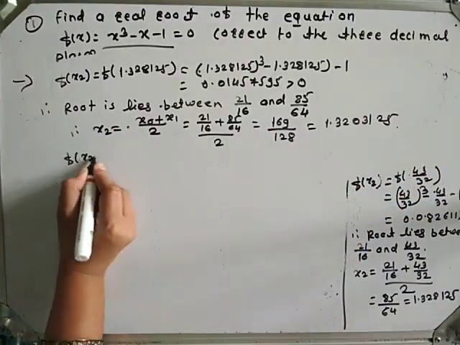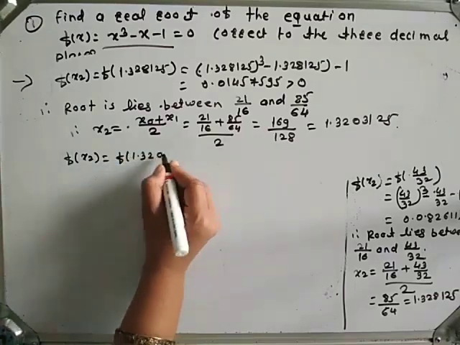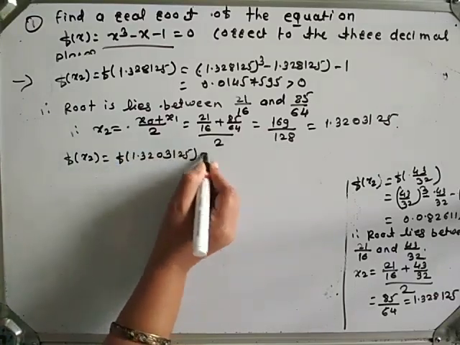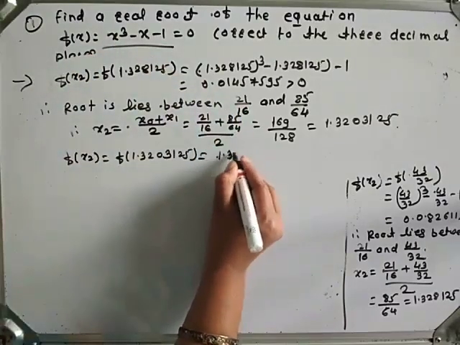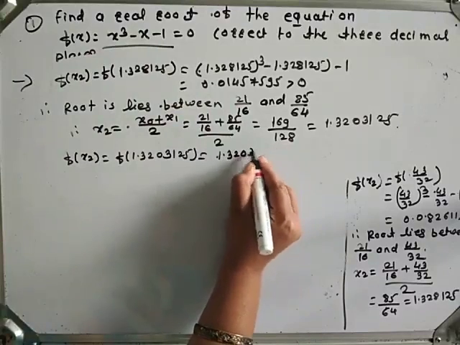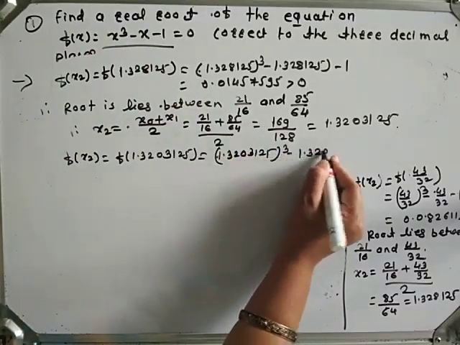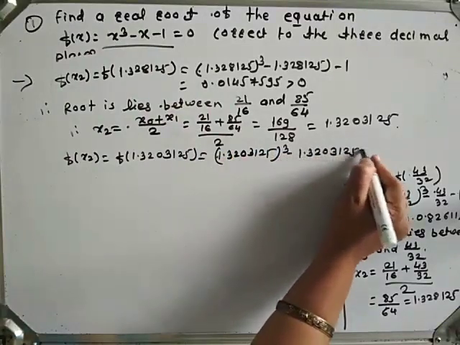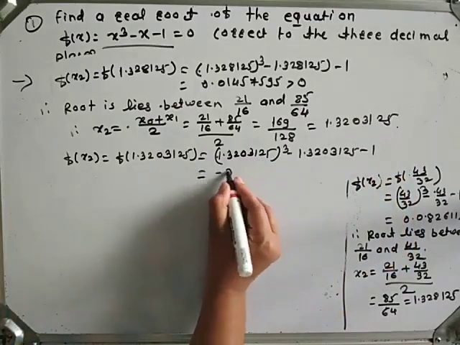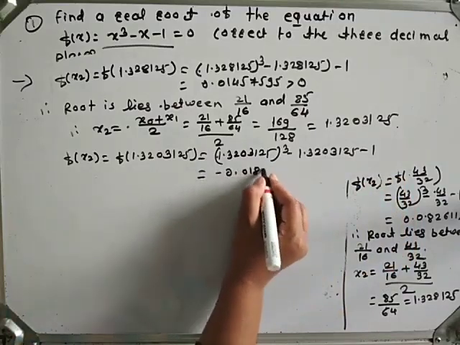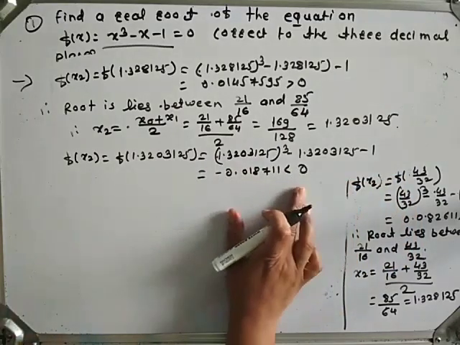Now calculate f of x2, that is f of 1.3203125, which is equal to 1.3203125 cube minus 1.3203125 minus 1, which is equal to minus 0.018711, which is strictly less than 0.